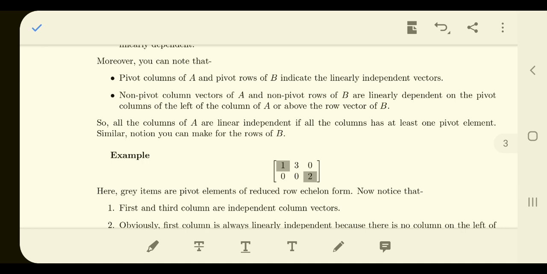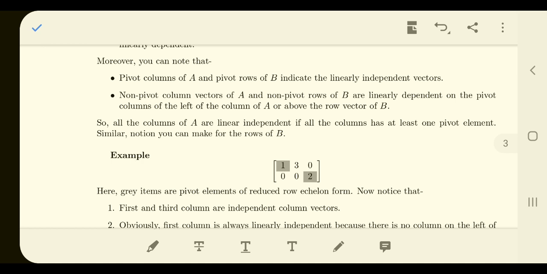So if you are going through the Gauss elimination process and you are putting your vectors in the rows of the matrix, then the rows which are not zero are basically the linearly independent vectors of that set, and they can generate all other vectors which have become zero now, because with the help of Gauss elimination you are able to make all other rows zero.